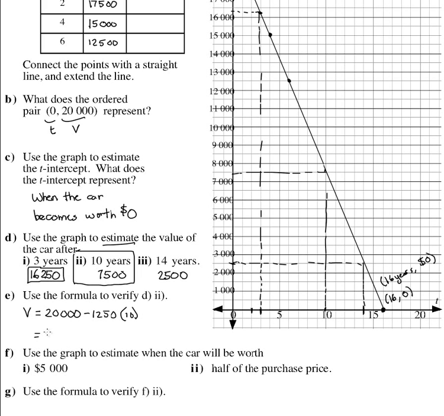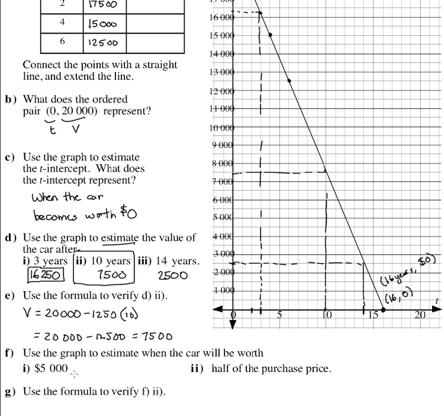So we get 20,000 minus 12,500. Work that out, and you get 7,500, which is exactly what we got just eyeballing it from the graph. So the graph has served us well. The graph, again, is telling us the exact same stuff that the formula did, just in a different way.